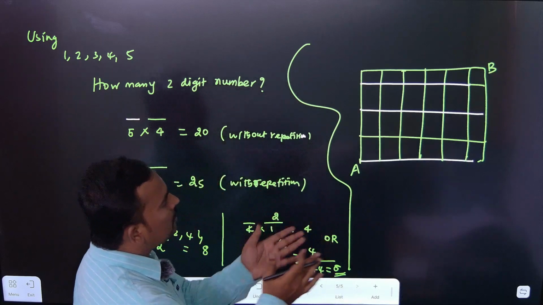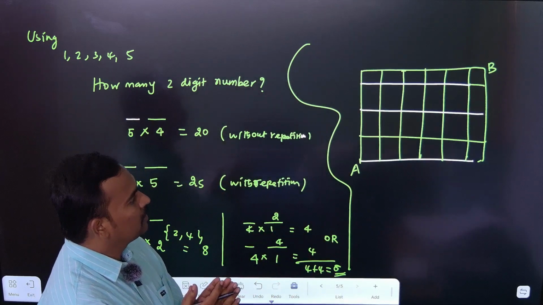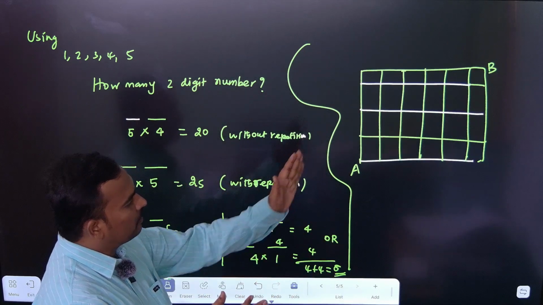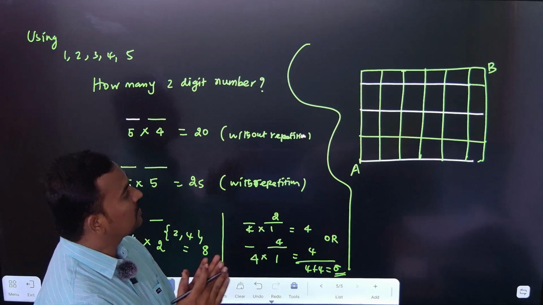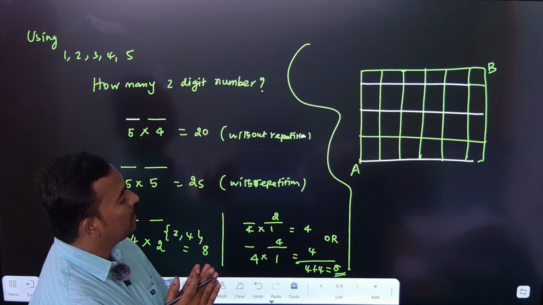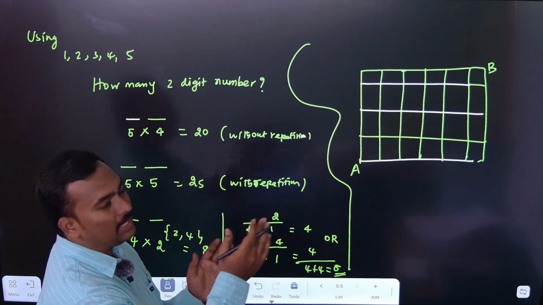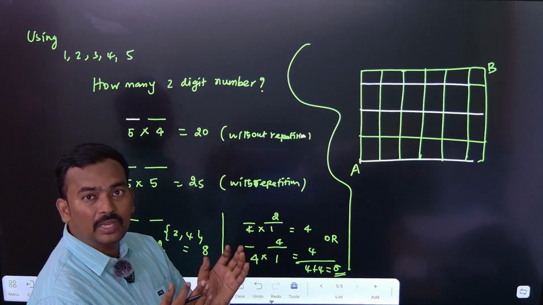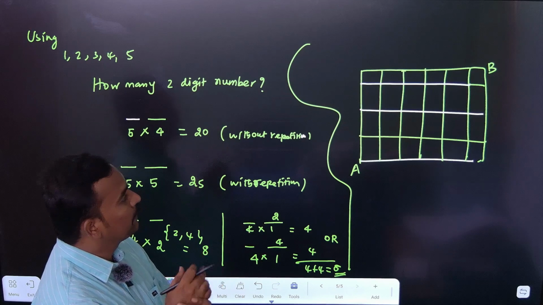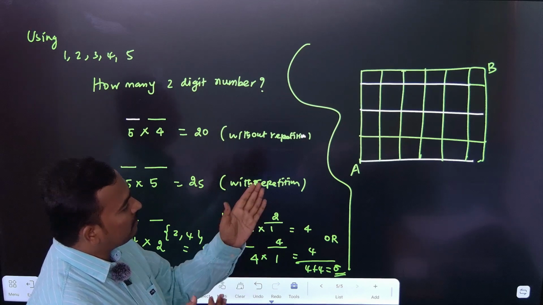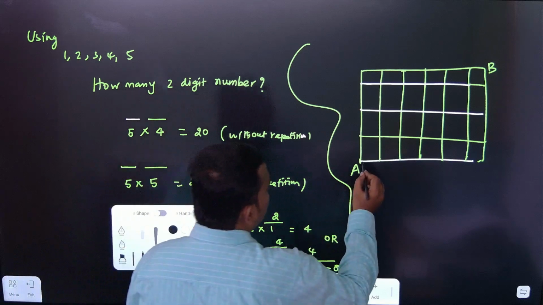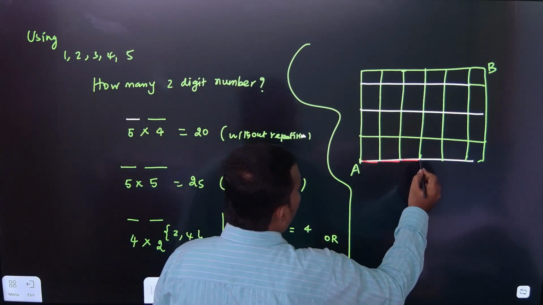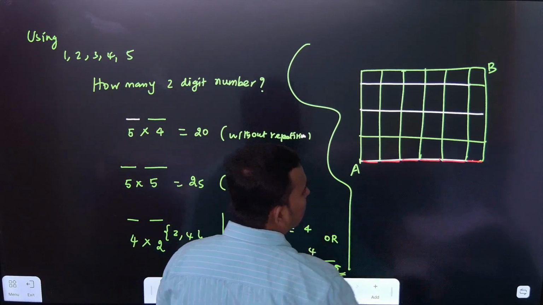So how many ways in the grid are there to move from A to B? The shortest path, how many shortest paths can you create? You can see, right, how many columns there are: 1, 2, 3, 4, 5, 6.